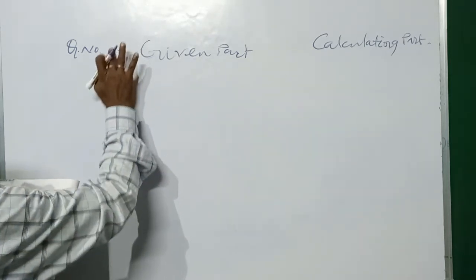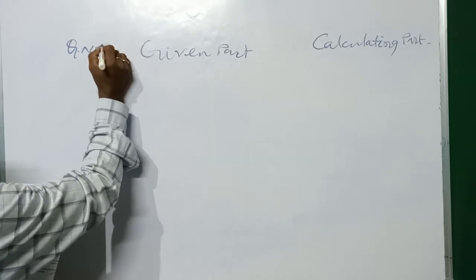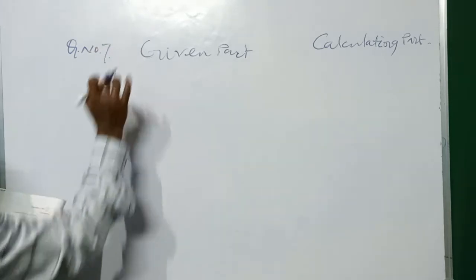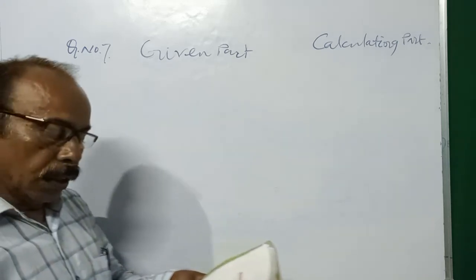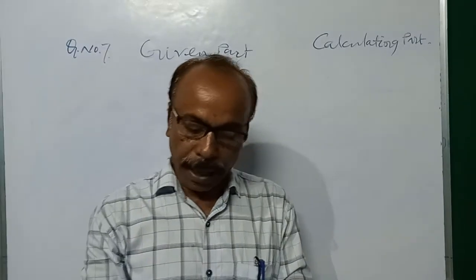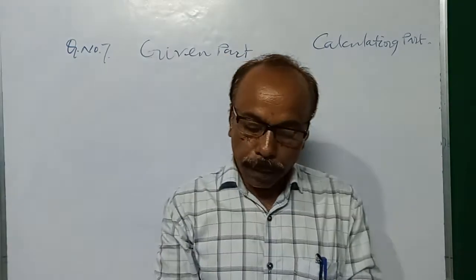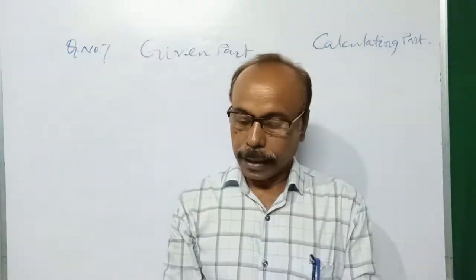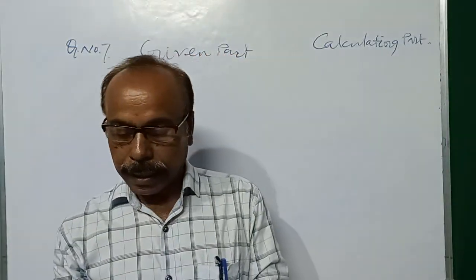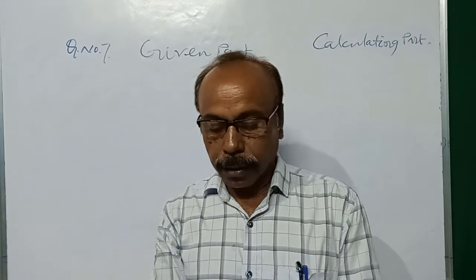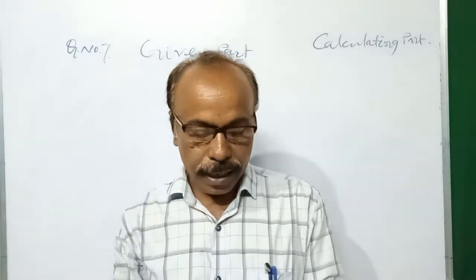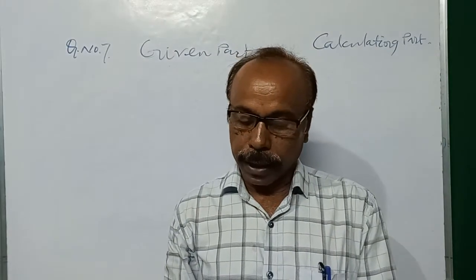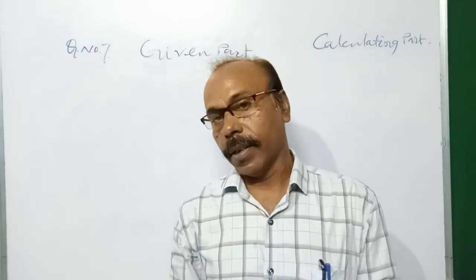Next, question number 7. In Rohan's birthday party, 90% of his friends came and 3 friends did not come. Find the total number of friends Rohan has.